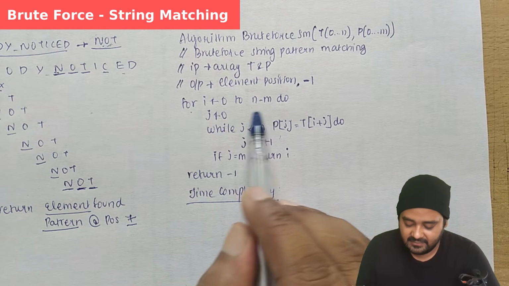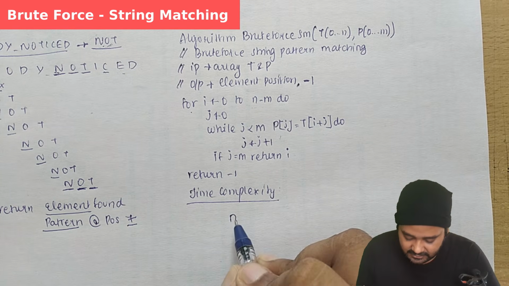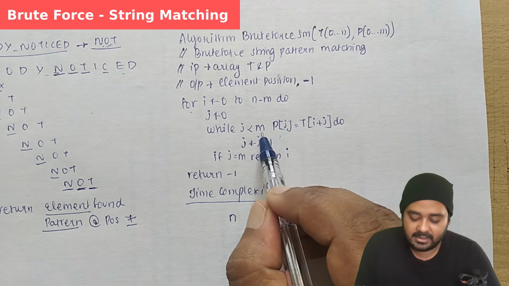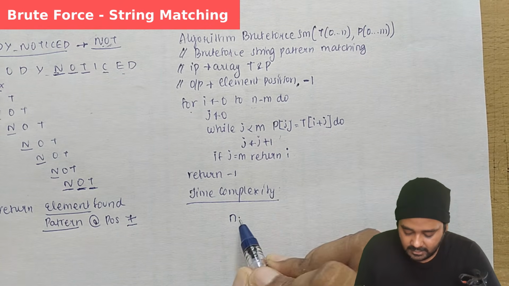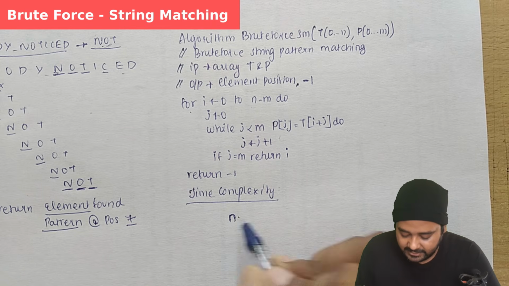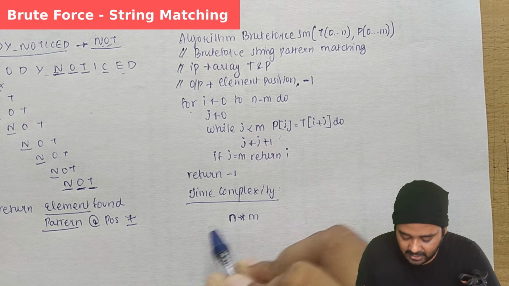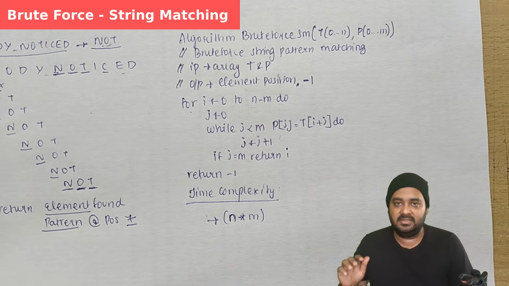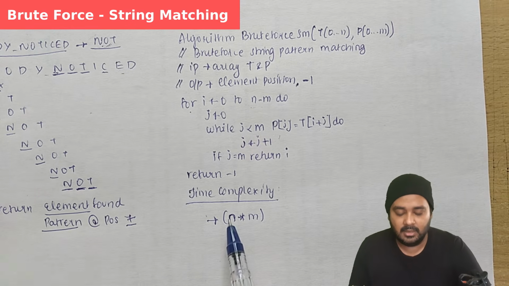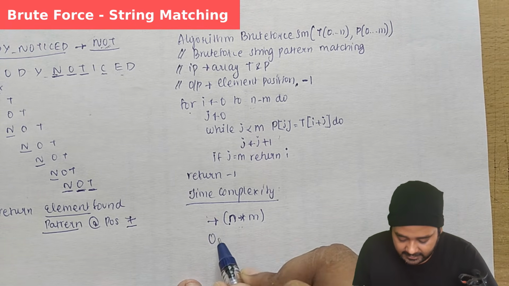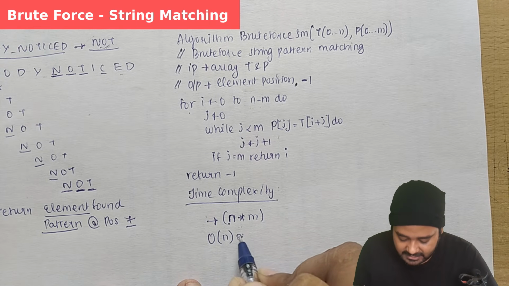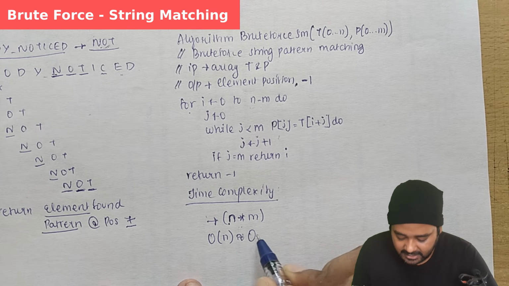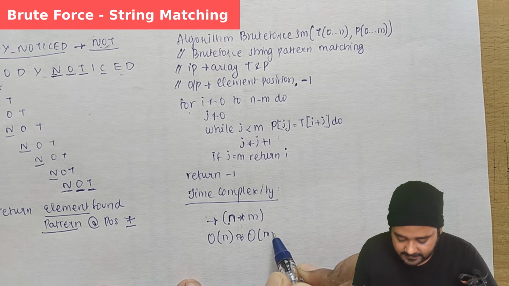The outer iteration ranges for n minus m times, and the inner iteration ranges to a maximum of m times. So we take n times m. In the worst case, it turns out to be n times m, so for n number of elements, the algorithm is big O of n m.